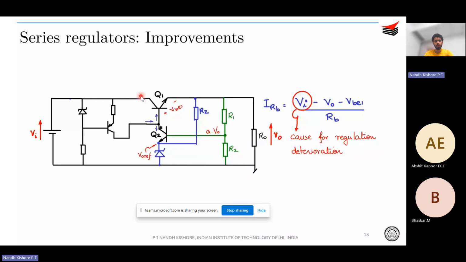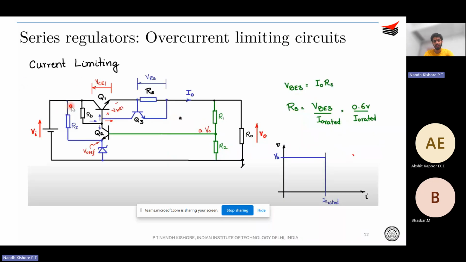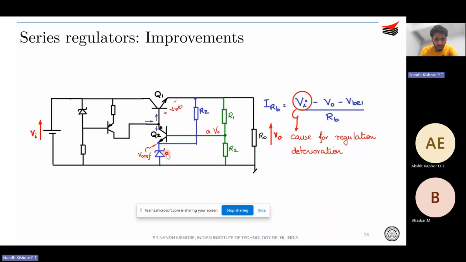And you also saw some improvement, right? That is how to improve it. You know that Vi is actually an unregulated Vi. Therefore, it doesn't make sense to actually have your Zener based on the input voltage, right? So instead of having the Zener from the input side, we shifted it to the output side. Zener is over here and the RZ is tapped from the output. So this ensures that your Zener voltage is fixed.